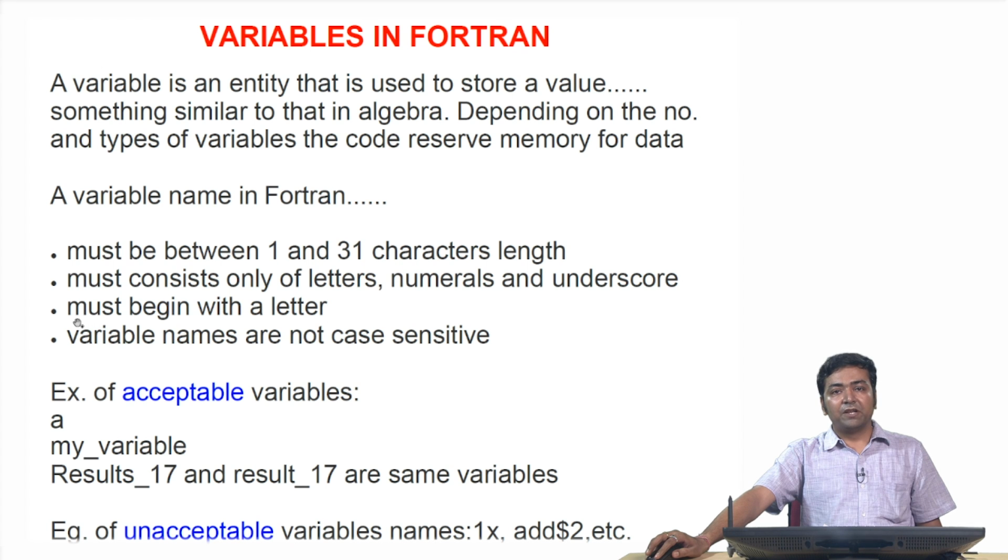Each Fortran variable name must begin with a letter, and the variable names are not case sensitive. So, here are some examples of acceptable variable names. For example, A, then my_variable, then Results_17 with capital R, and then results_17 with small r. Fortran will identify both of these to be the same variable.